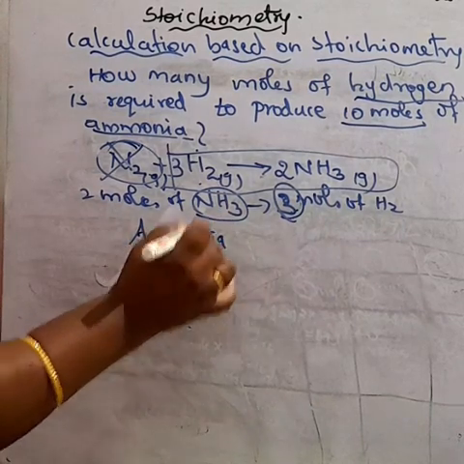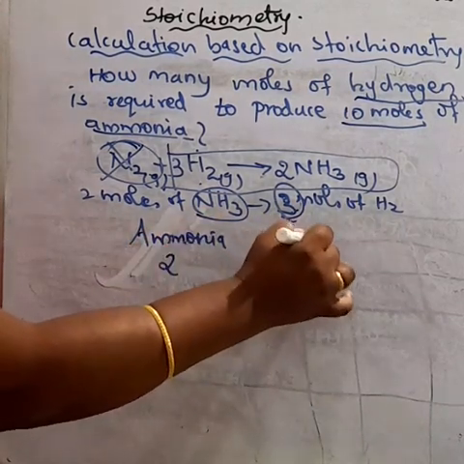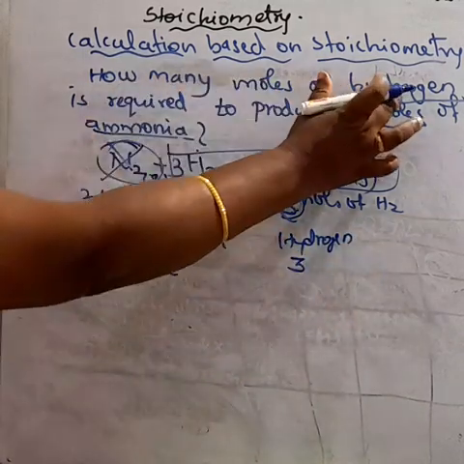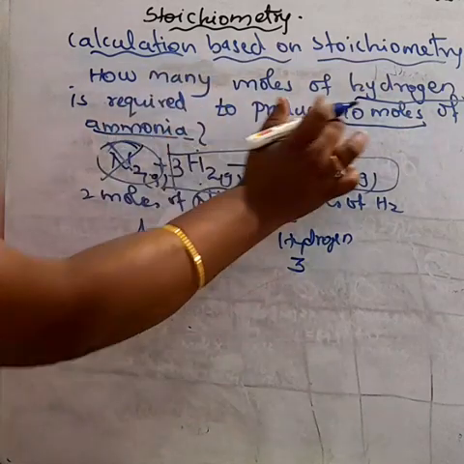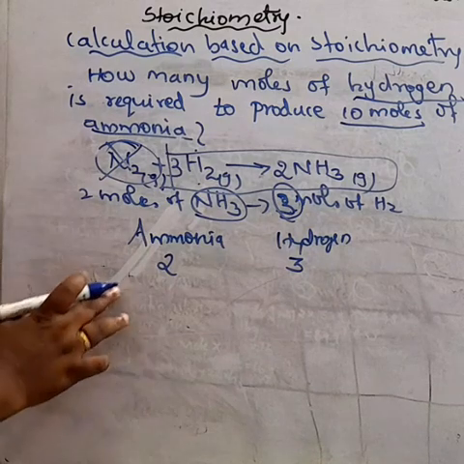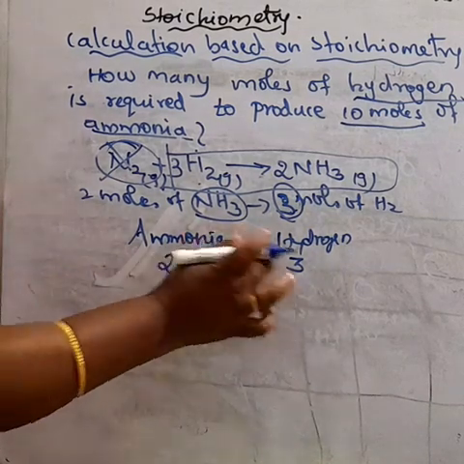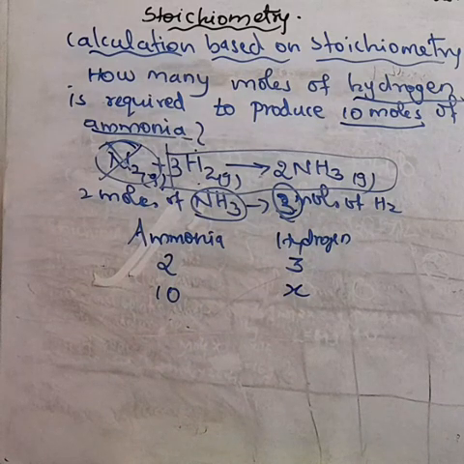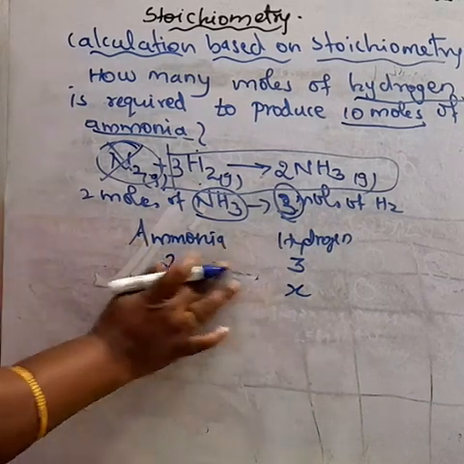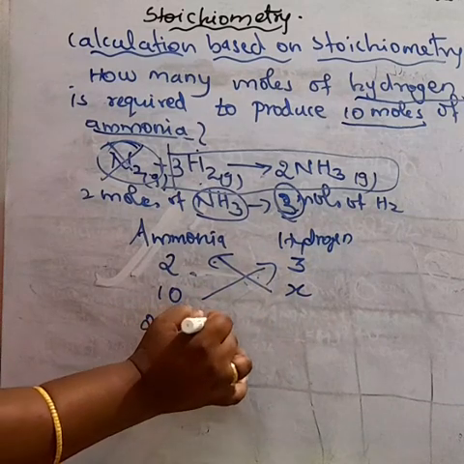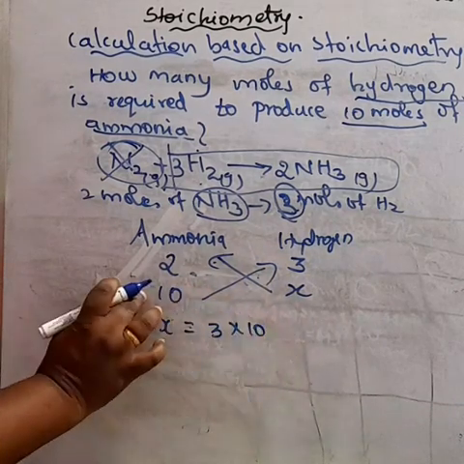Our question is how many moles of hydrogen are required to produce 10 moles of ammonia. Ammonia here is 10 moles; hydrogen we have to determine. By cross multiplication, 2x is equal to 3 moles of hydrogen into 10 moles of ammonia.